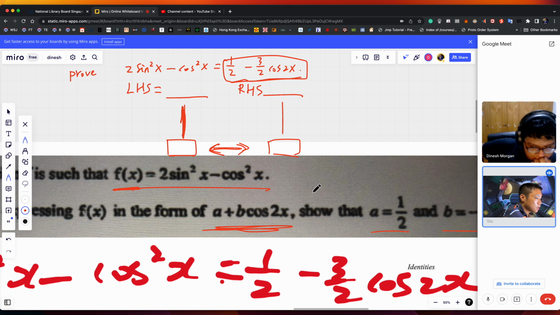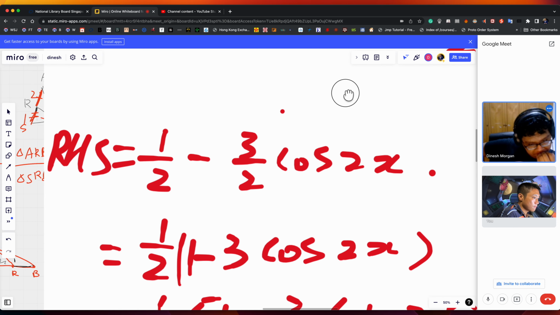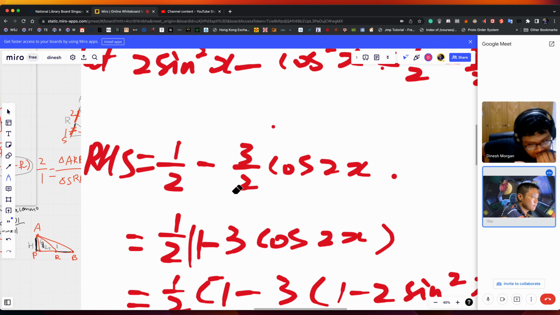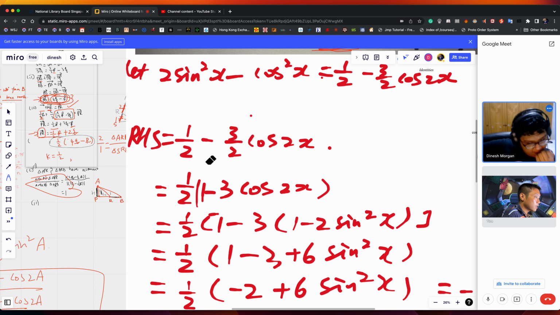So what I have done is I do the right hand side first. The right hand side is this. I take out the common factor.